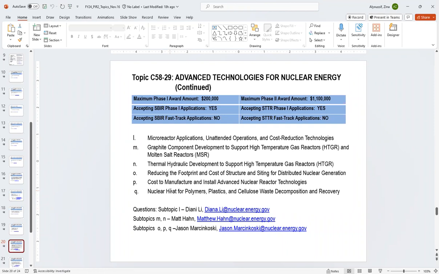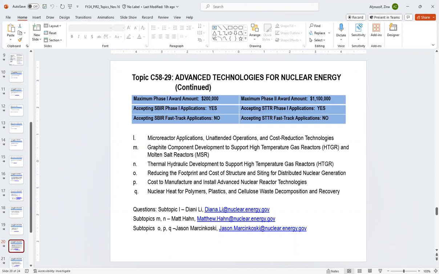One is civilian applications, to help educate us on the economic environment for microreactors and how they can be applied. For example, microreactors could be used for high-powered computing and data centers, so identifying other civilian applications is of interest to us.